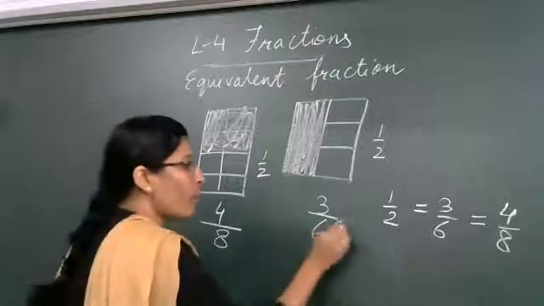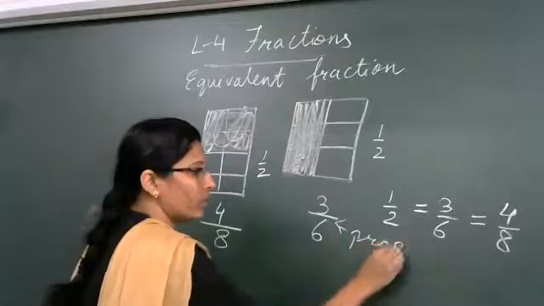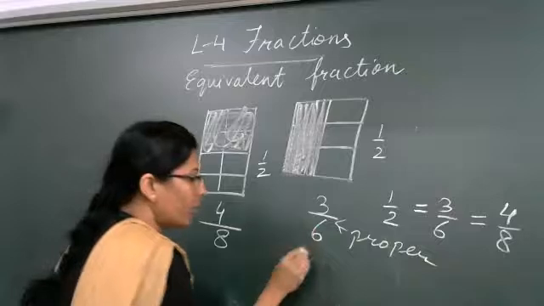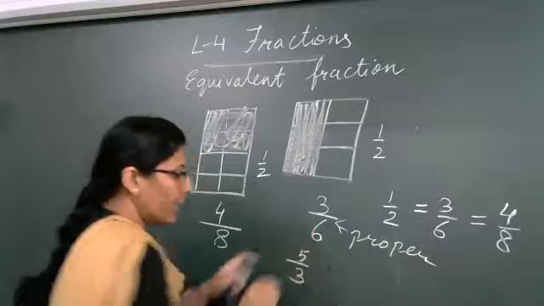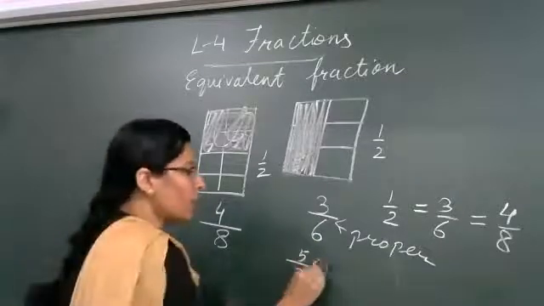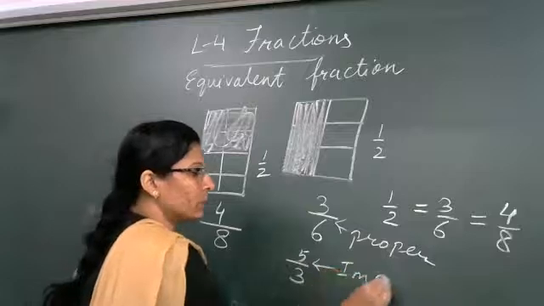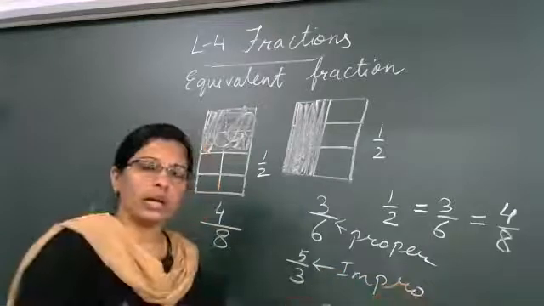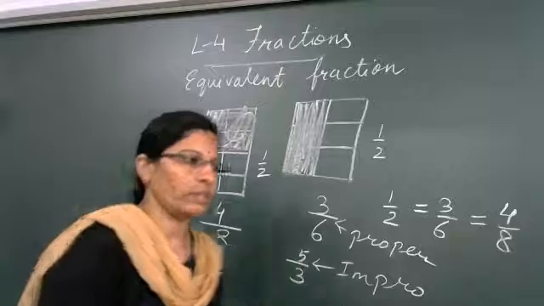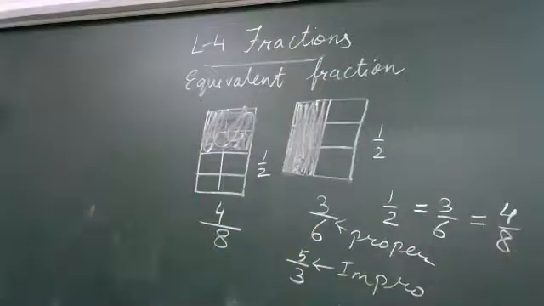Those are proper fractions. And if the numerator is greater, like 5 by 3, where the numerator is greater than the denominator, those are improper. Understood? Isha? Yes.